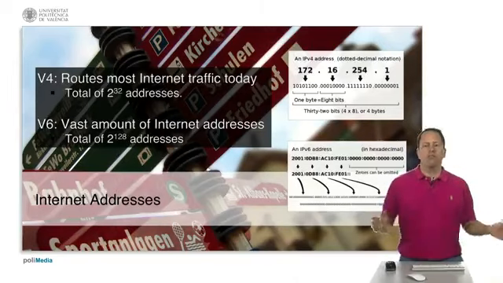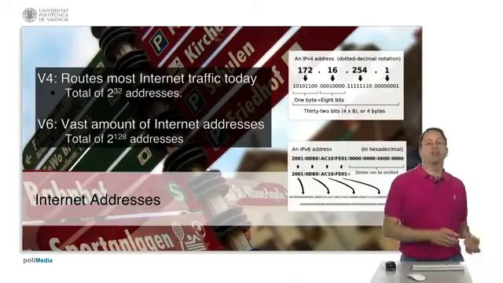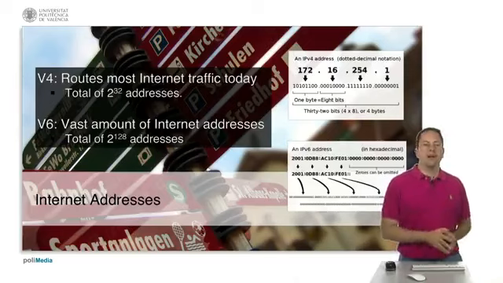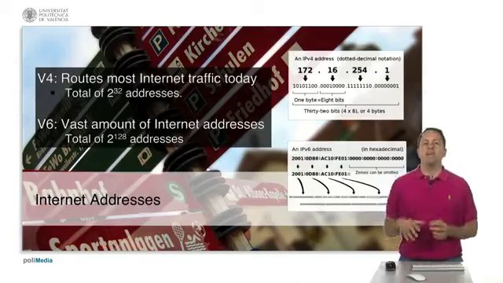That is more than enough for now and for the future. And now we have 2 different types of IP addresses, the IPv4, that were the first ones, and the IPv6, that are the last ones.